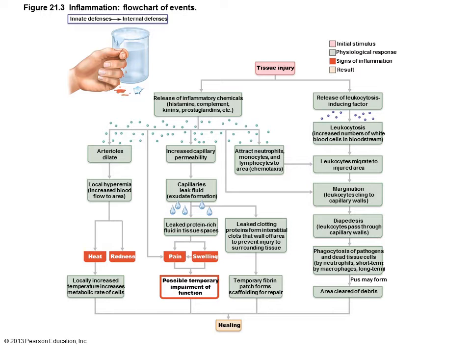Therefore fluid permeability increases, causing edema and swelling, which pushes on the nerve endings so that one feels the pain sensation. Also, chemicals will deliver clotting proteins and complements to clean up the area so that repair can occur and bacteria cannot spread.